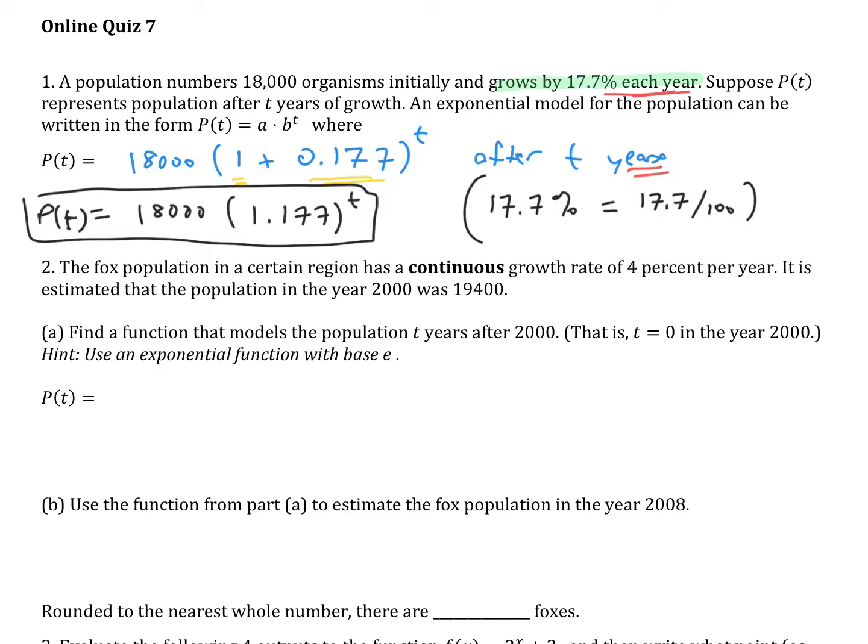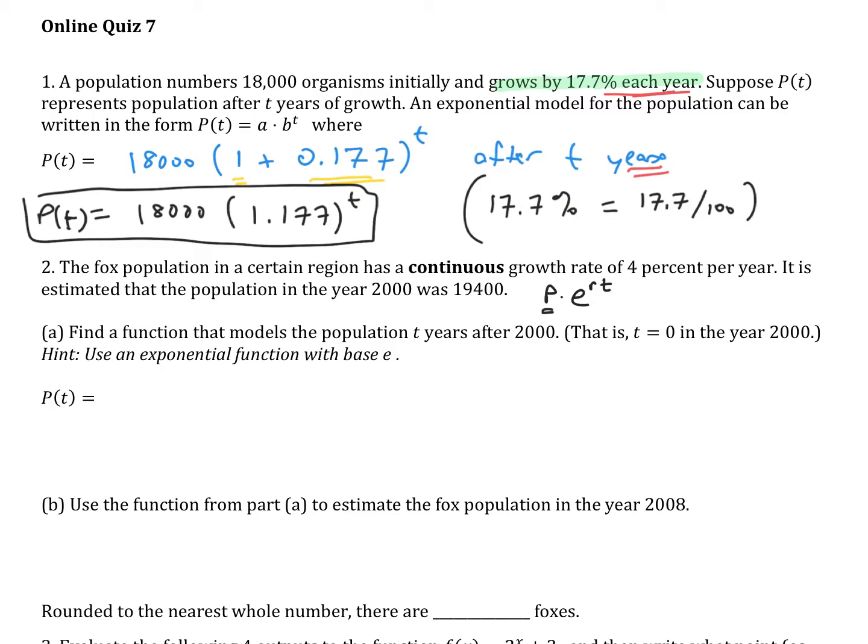All right, now, by contrast, number 2, we're told that we have a continuous growth rate of 4% per year. And so that's our clue that we're using the model P times e to the rt, where again the P here is the initial amount and the r is the growth rate, because this population is growing in a positive way.